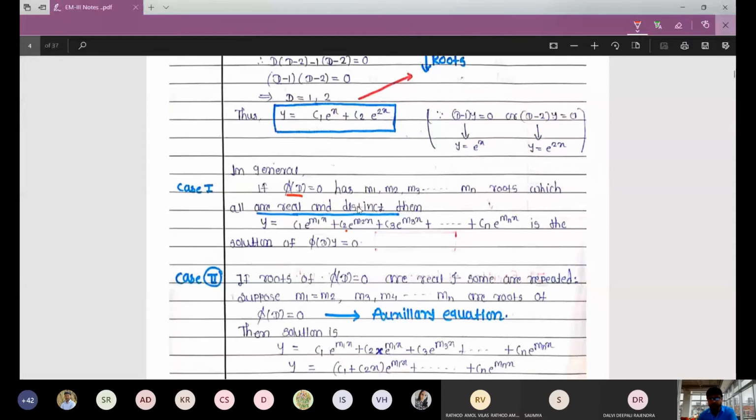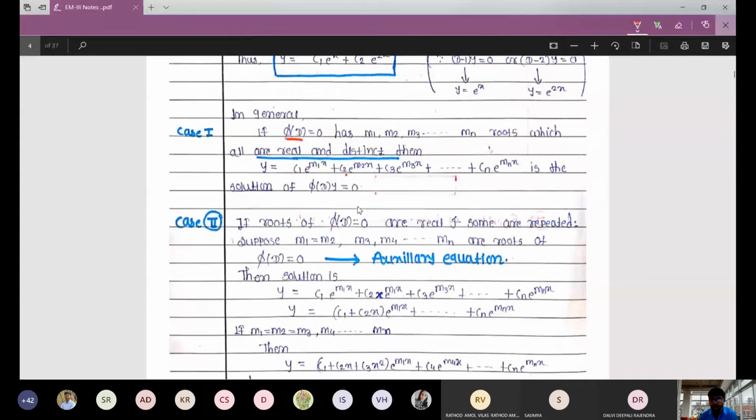But what about case number 2? If some of the roots are repeated, for example, if you have this auxiliary equation phi of D equal to 0 whose roots m1 is equal to m2 and the rest of the roots are distinct from each other, then one root is repeated, that is m1 is equal to m2.